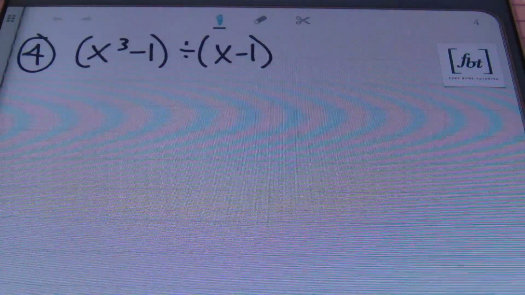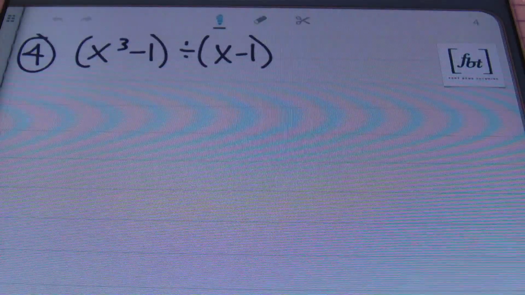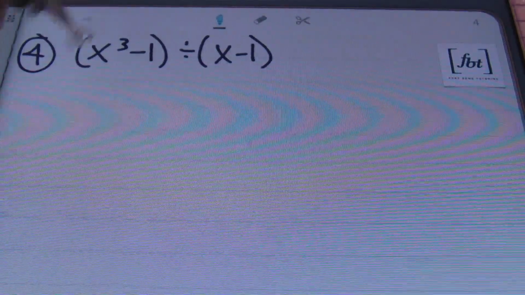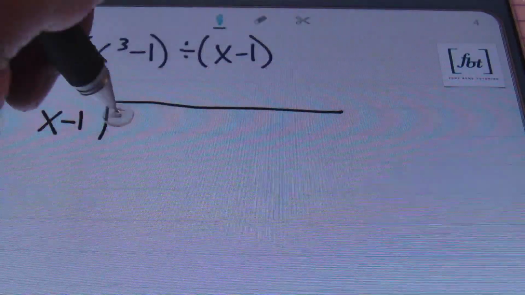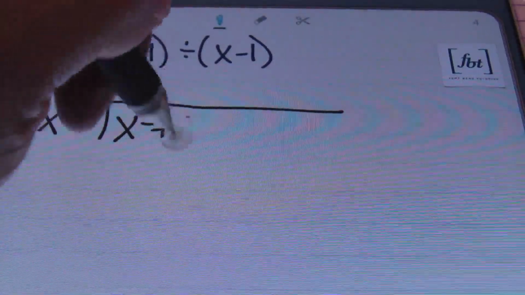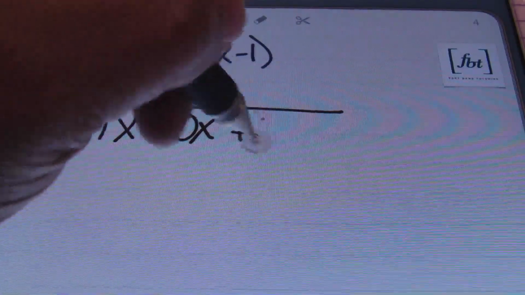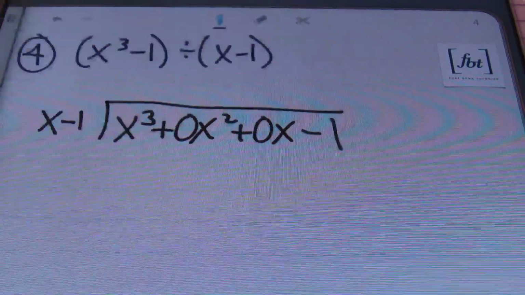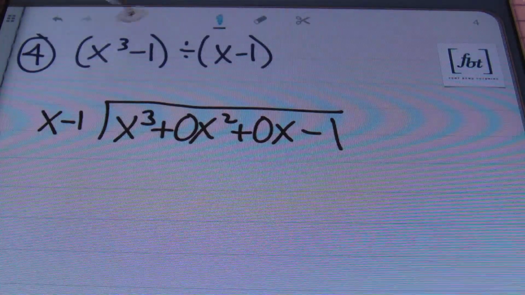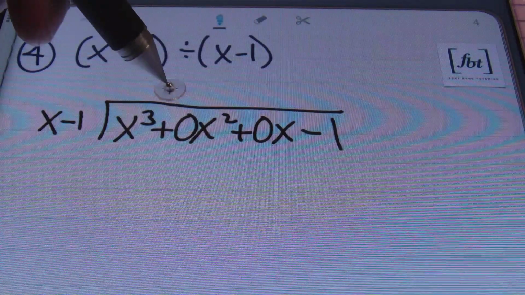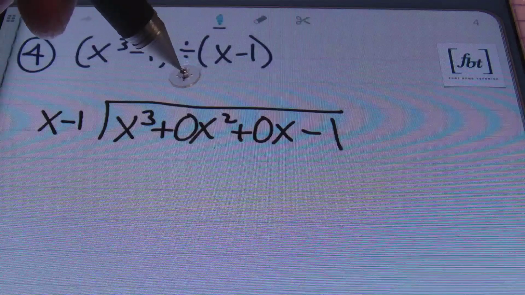In problem number 4, we have x cubed minus 1 divided by x minus 1. So setting this up in long division, I'll have x minus 1 going into x cubed plus 0x squared plus 0x minus 1. So what just happened, ladies and gentlemen? I know originally I had x cubed minus 1, but underneath the division symbol, I'm showing my missing terms.